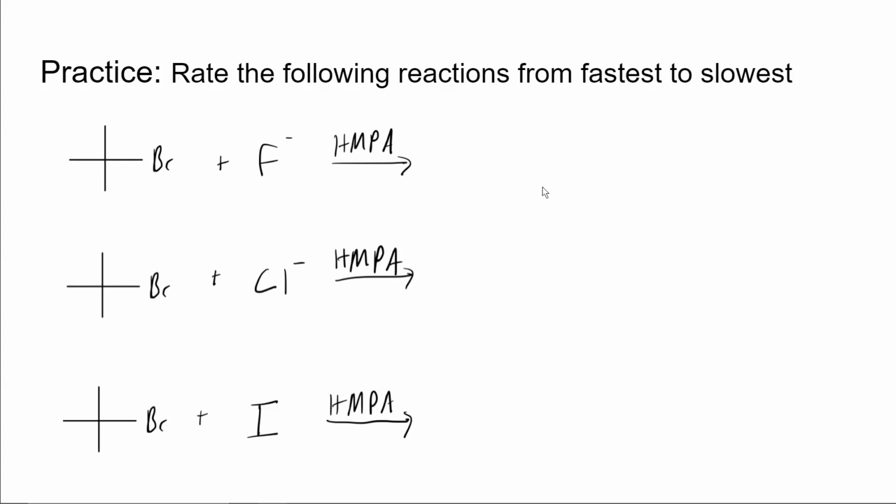Both of those have an O connected to an H. So let's say you had ethanol or water in these reactions. Which one would be your fastest reaction? Or which reaction has your strongest nucleophile? Yeah, this iodine, that's your strongest nucleophile, so it would have the fastest reaction. And then this fluorine would have your slowest reaction.